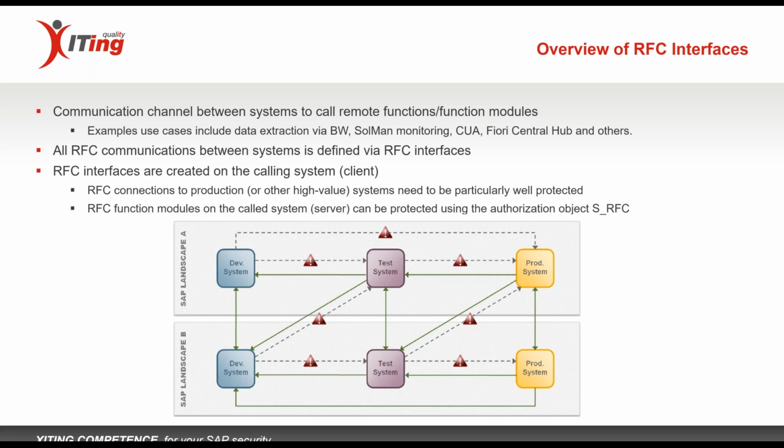And for this to work, you need to define these communication channels. And they are defined in so-called RFC interfaces or RFC destinations. It's a transaction SM59 in the SAP system, where you have to put in all the necessary parameters like target host, to which system you want to communicate, and also the user. It's a very important parameter, the user which will be used to log in remotely to the target system.